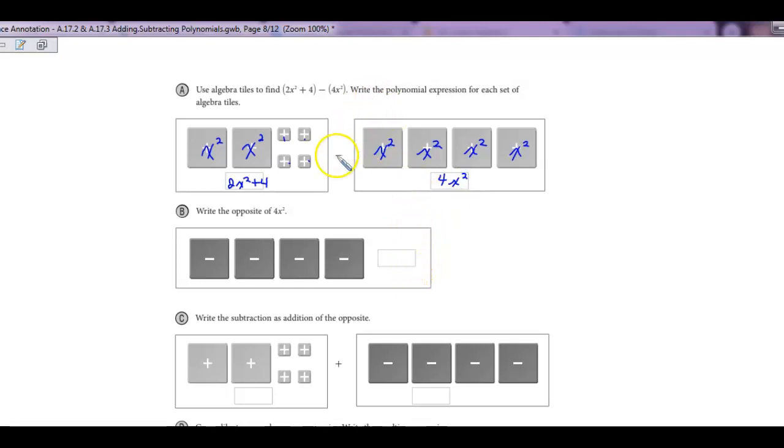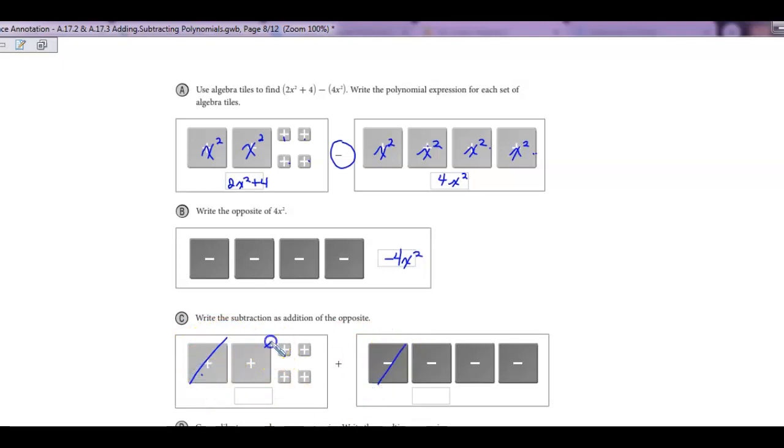We can use this and change these to the opposite. So instead of being positive, we now have negative 4x squared. Okay, so I have an x squared, x squared, x squared, x squared, but these are all negatives. So I have negative 4x squared. Now, remember those 0 powers that we were talking about earlier? So we can take 1x squared and 1 negative x squared.